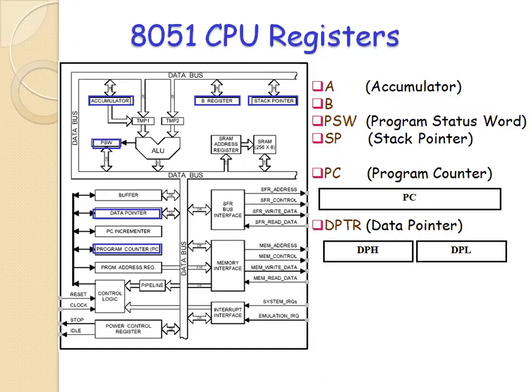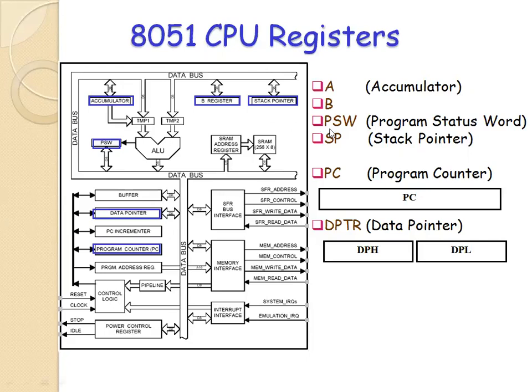But in case of 8051, the B register is somewhat different from the B register used in the 8085 microprocessor, because especially in the 8051 microcontroller it is used to divide two 8-bit numbers or to multiply two 8-bit numbers directly, which provision is not given in case of the 8085 microprocessor.